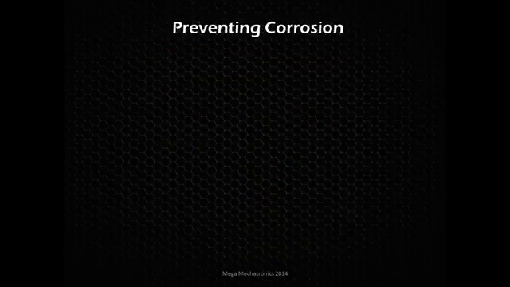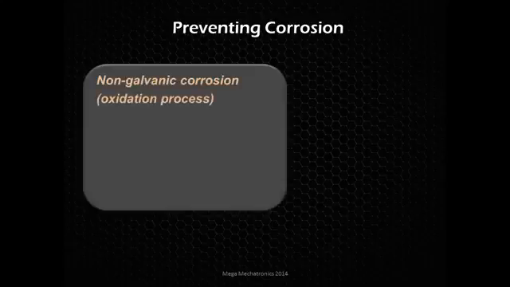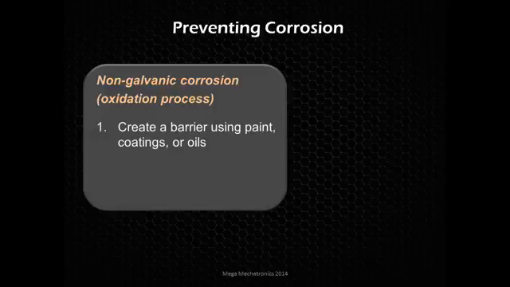So preventing corrosion, this is very important. For non-galvanic corrosion, that oxidation process, we want to create a barrier between the atmosphere and that water and all those chemicals in the air by using paint, coatings, powder coating, things like that, galvanization, or just a coat of oil.